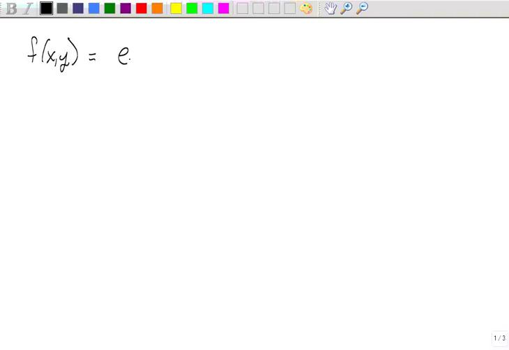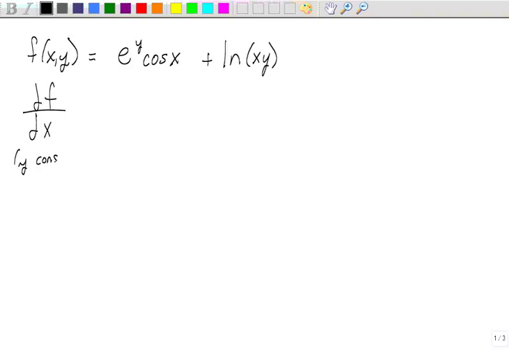Let's let our function be e to the y cosine x plus ln of xy, or x times y. Let me rewrite this. So the partial of f with respect to x: here y is a constant, so e to the y is constant.